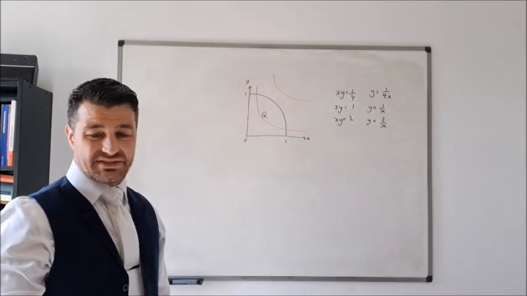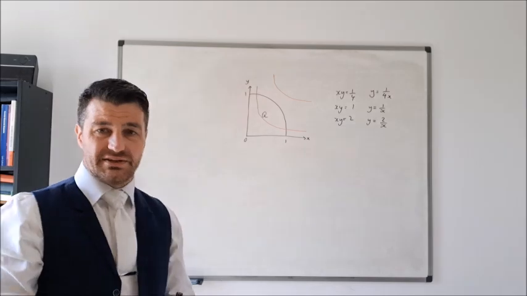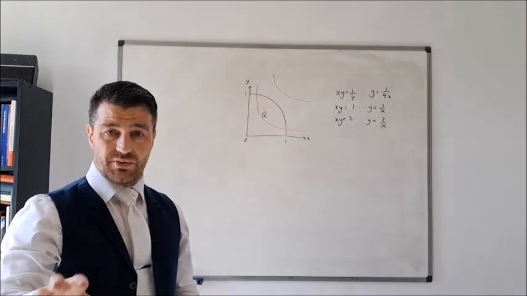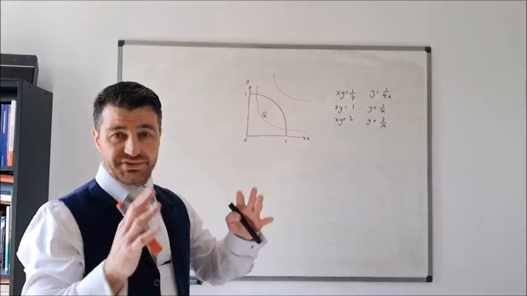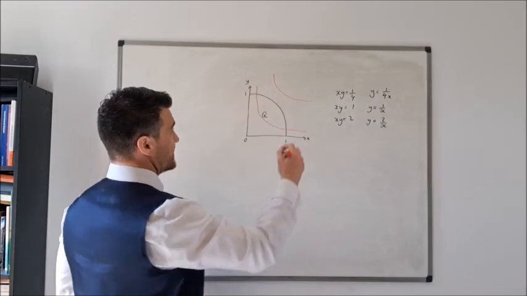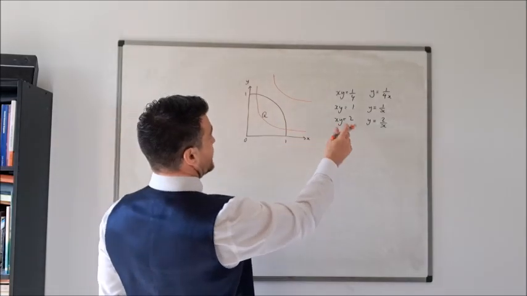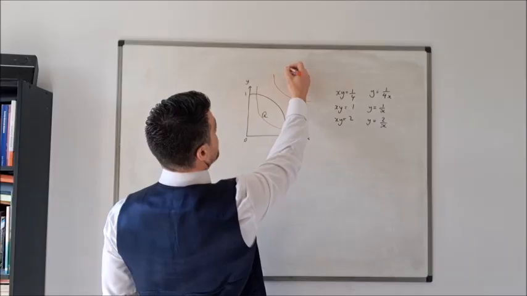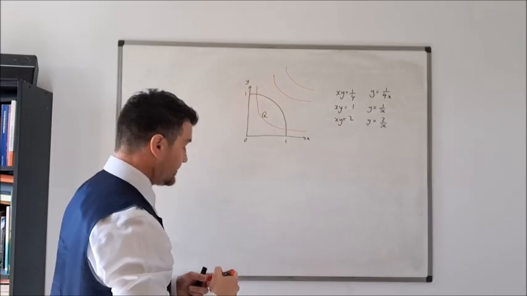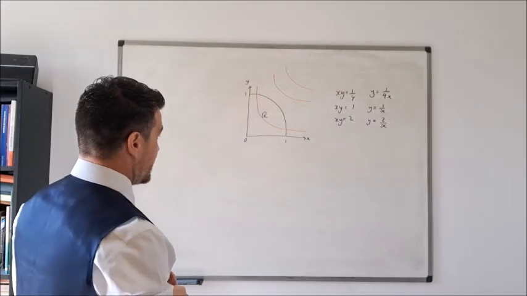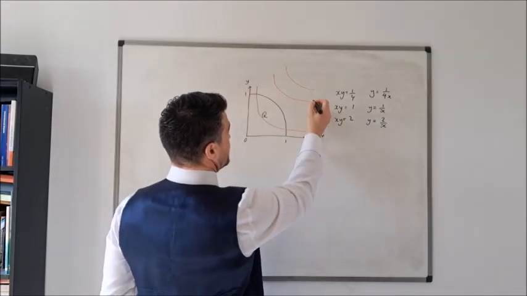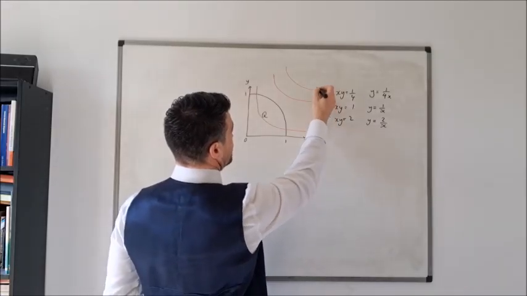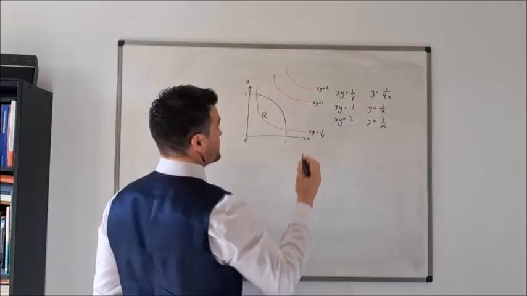Again, on the diagrams that you're given on the paper itself that you're expected to draw on, you've got scales and things like that to help you out. So I'm just giving you a rough idea. And finally, y equals 2 over x. So this is xy equals a quarter, xy equals 1, xy equals 2.